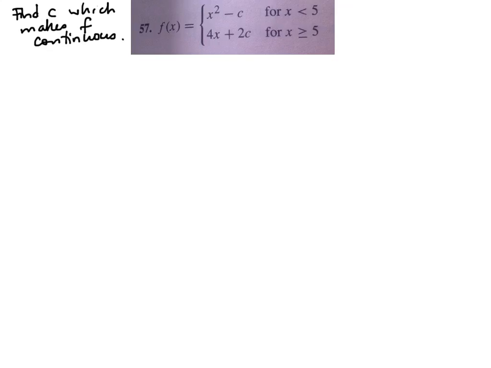The only point that we really have to worry about is this point 5. We want to know whether the limit from the left and the limit from the right are equal.